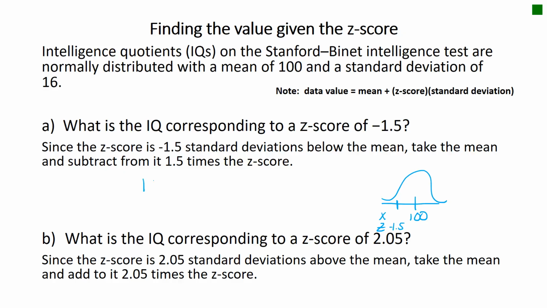So what we want to do is take 1.5 standard deviations below the mean. We know that the standard deviation here is 16. So we want to figure out what is 1.5 standard deviations below the mean. 1.5 times 16 will give you 24.